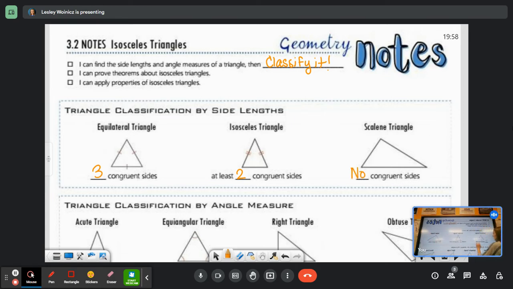Now, we also said that all equilateral triangles are isosceles, because 3 is greater than or equal to 2, which is at least 2, right?